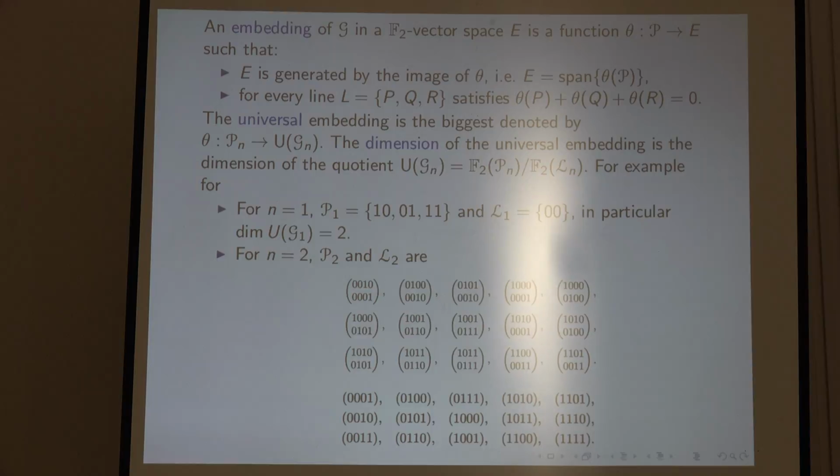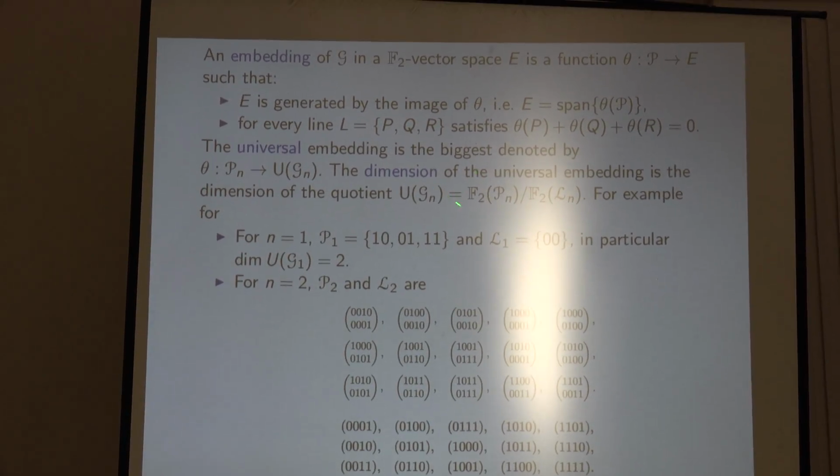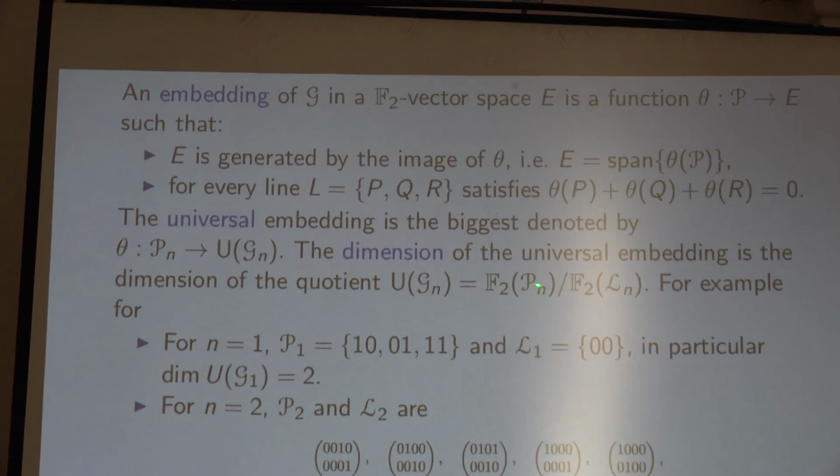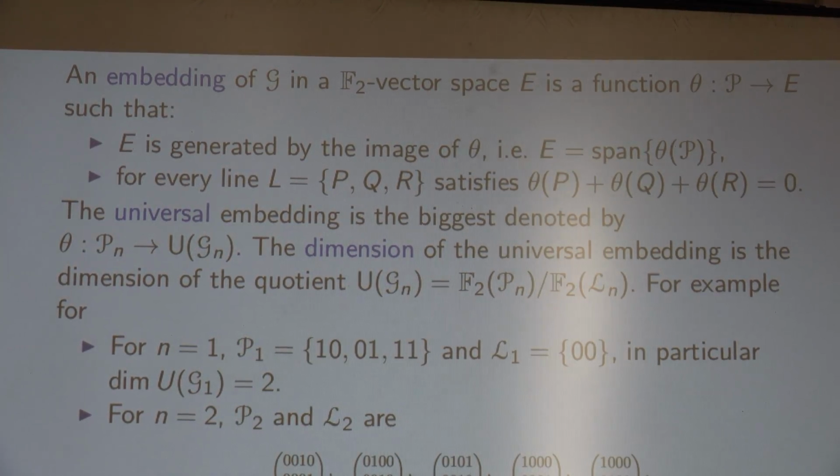An embedding of a configuration is a vector space E and a function to the vector space such that E is generated by the image, and for the lines, we suppose that they have length 3 and that they are projective, so the sum of the elements is 0. The universal embedding is the biggest. So you just take the vector space generated by the points, quotiented by the lines.